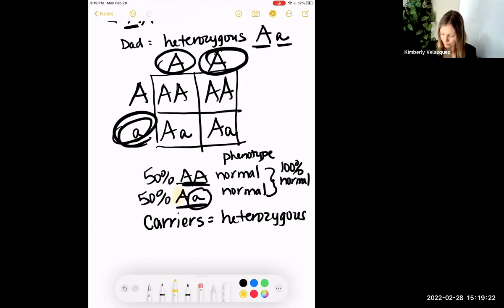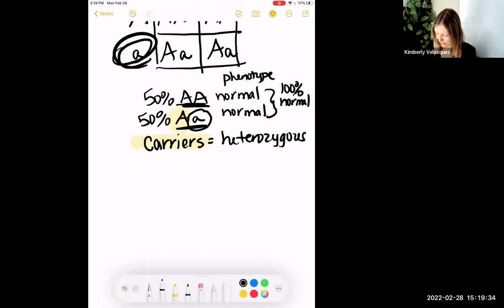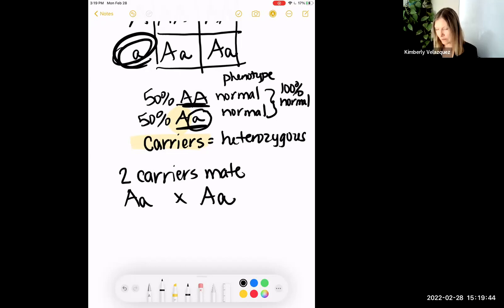This normal gene is completely dominant. So they don't have the disease, but they're called carriers because they carry that in their genotype. And look what happens if two carriers mate. So two carriers mate. That means big A, little a times big A, little a. And let's do the Punnett square for that.